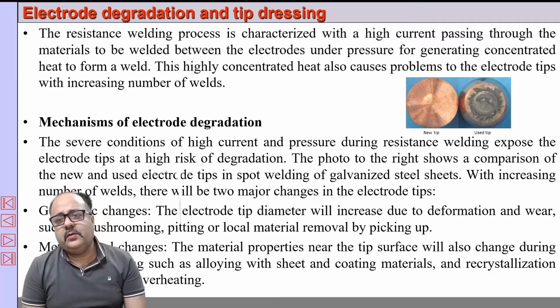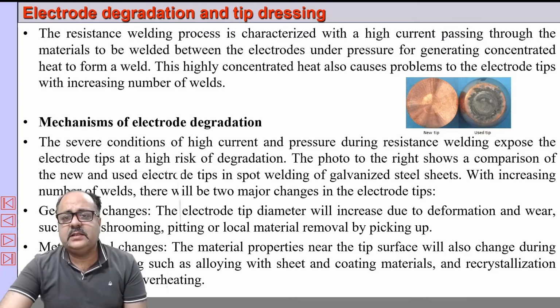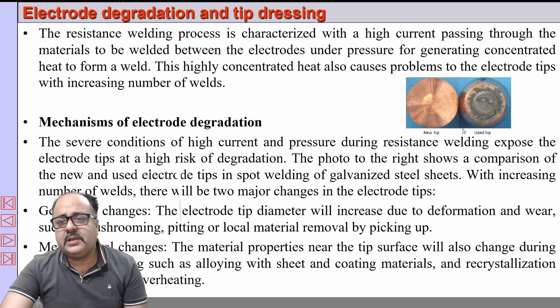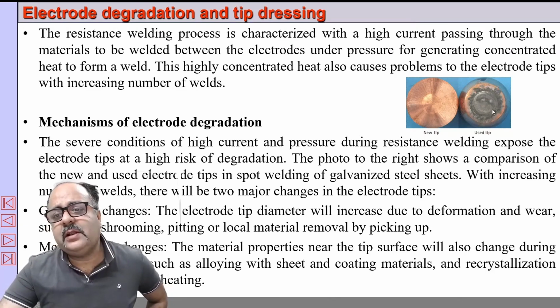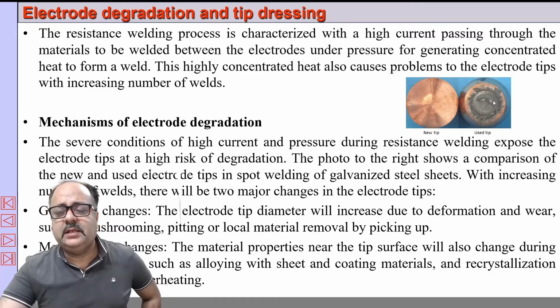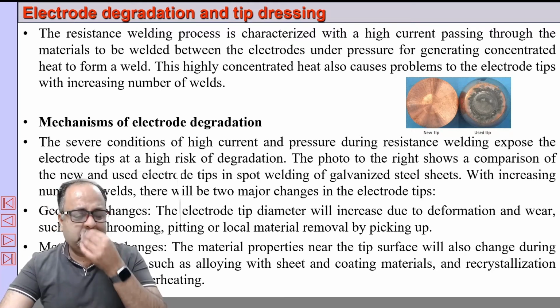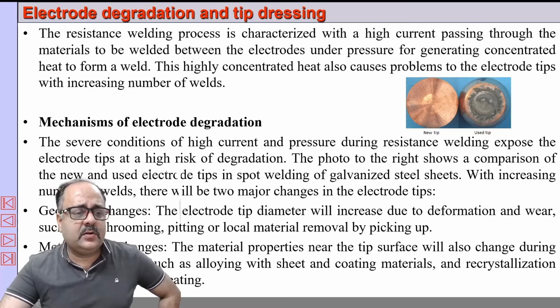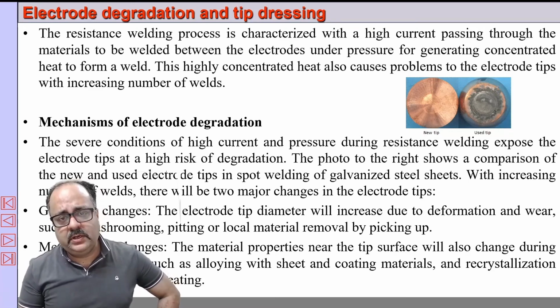Okay, the electrode will degrade and you require dressing, or sometimes you may have to change the electrode. You can see the tip here. Under the pressure of repeated use, this diameter keeps on increasing. So here it is a small diameter, and you can see the diameter here. The diameter will increase, and it can undergo geometrical degradation. It may undergo metallurgical degradation also. So an electrode in resistance welding has a fixed life.